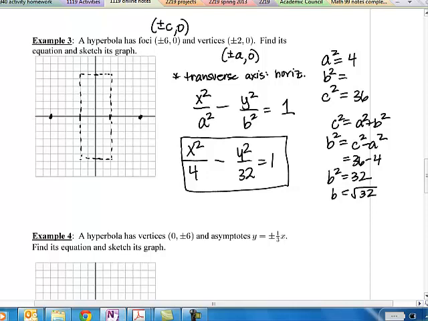And then we can get the asymptotes. And then we can get the graph. Okay. Let's see. Is there anything else we needed? Find the equation, sketch the graph. Good enough.